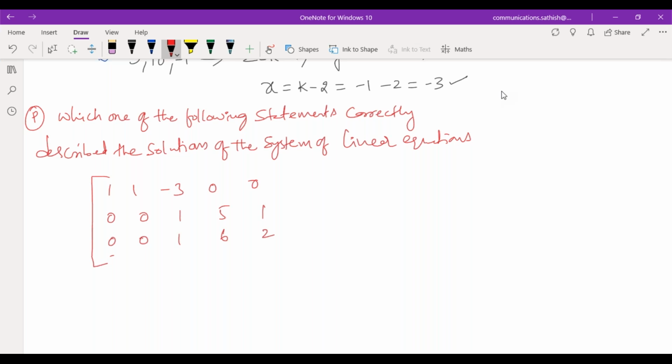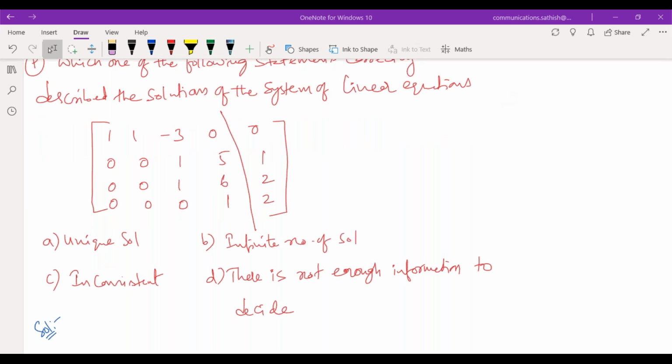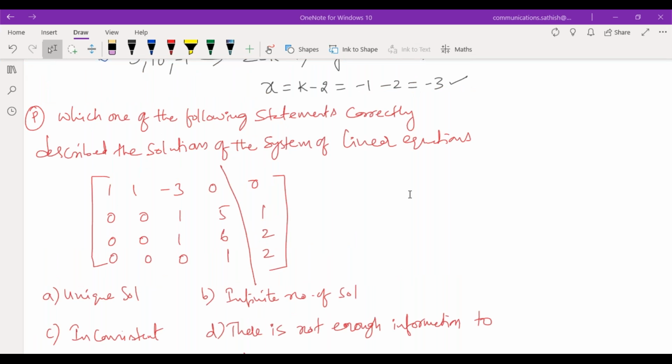Whether the augmented matrix is in the row echelon form or not, kindly check it out and give me the proper answer for that. Unique solution, sir? Check it properly.